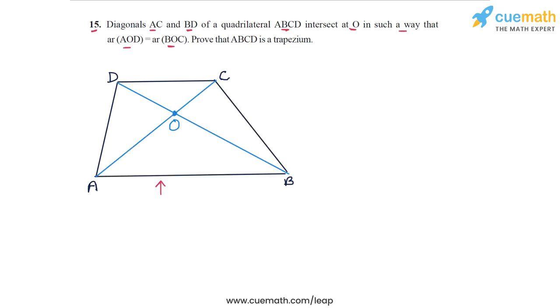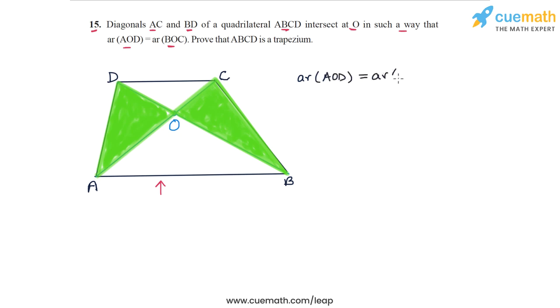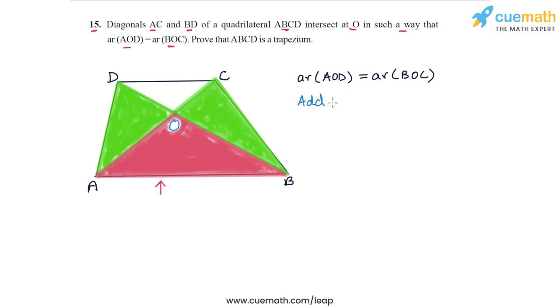So we are given that the area of AOD is equal to the area of BOC. So let's start with this. Area of AOD is equal to the area of BOC, and now we will add the area of triangle AOB on both sides.